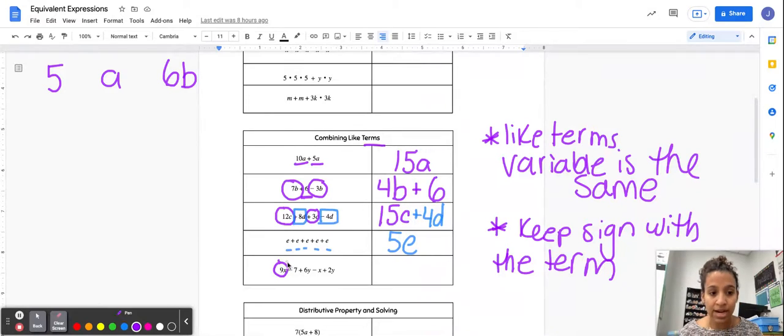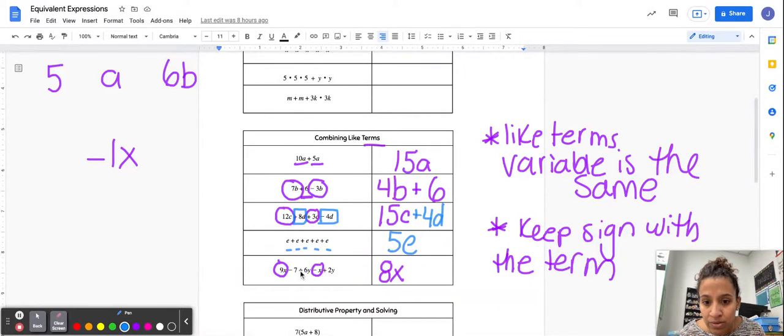My next problem again has some like terms. I have 9x minus x, keep the sign. Minus x, there's always like an invisible 1. This means I have minus 1x. If I have a variable and there's no coefficient, there's always like an invisible 1. So if I have 9 x's and I take 1x away, I'm left with 8x.